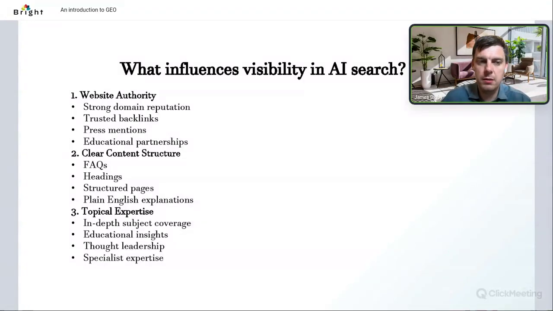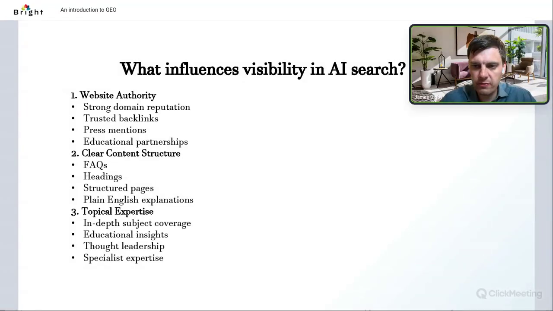Anything mentioned in news or the press, and any kind of educational partnership. So if you've got partnerships and you're linking through to those sites and those sites are linking through to you, that can help with website authority. So if that's something that you've got on your to-do list to update, I would recommend that you consider updating that over the summer.